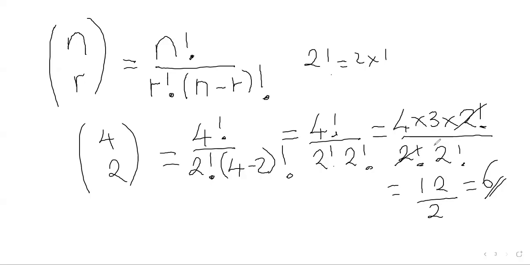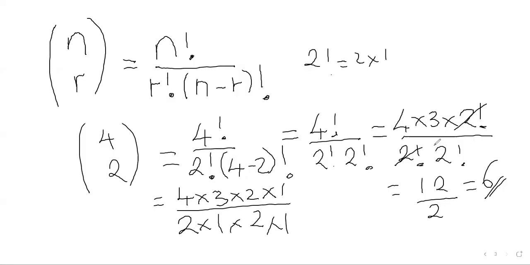That's only 4 choose 2. But if you want, there is no loss of generality in simplifying 4 factorial fully. Say it's 4 times 3 times 2 times 1 over 2 factorial, which is 2 times 1, and then the other 2 factorial is 2 times 1.